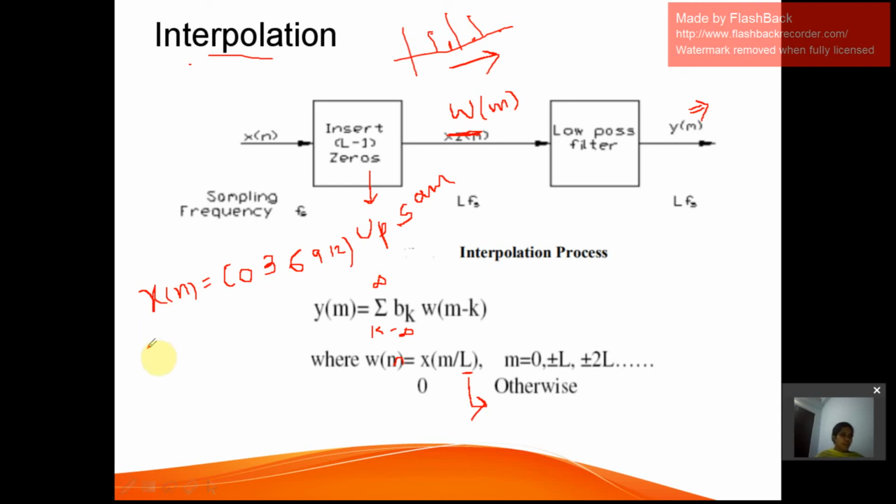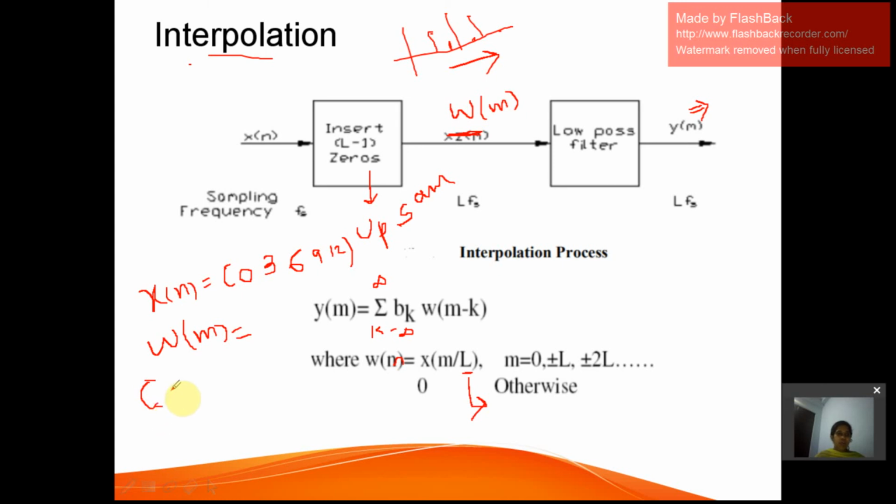Now let us see how the sequence W of m looks. It is an interpolated, upsampled sequence.